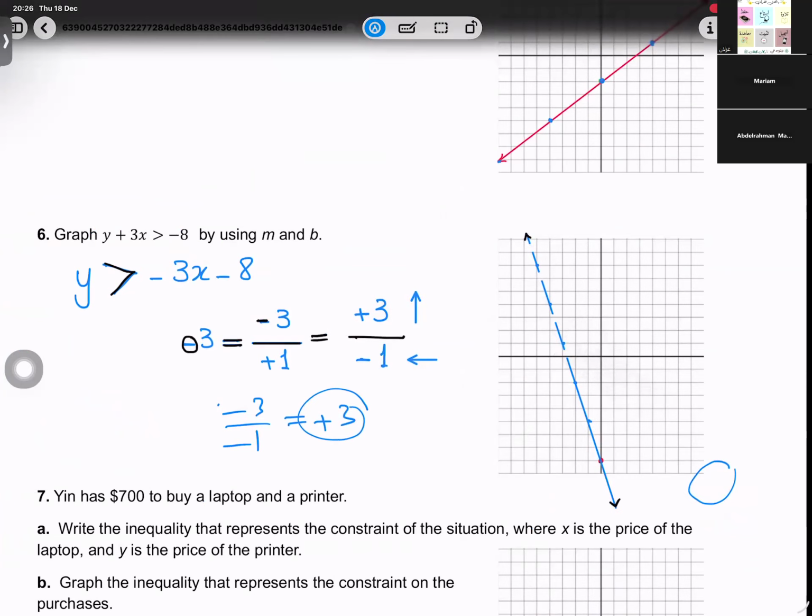I think it's supposed to be dashed. Excellent, it should be dashed. Bravo. Dashed. Okay, where to shade? Above. Bravo.